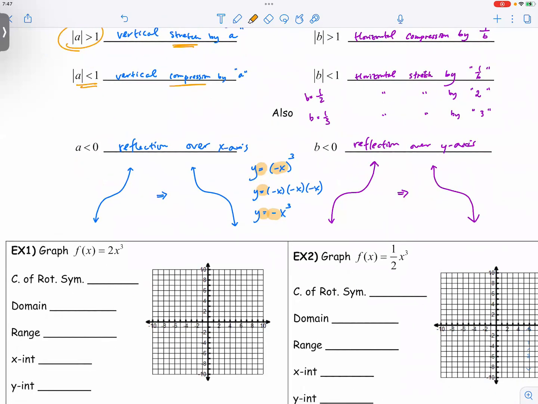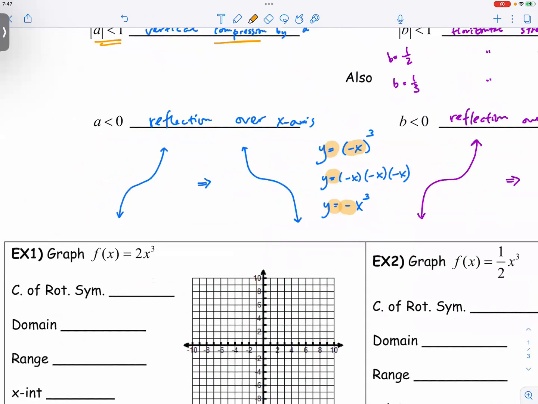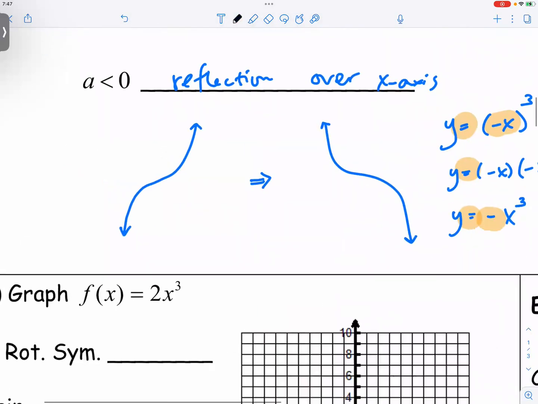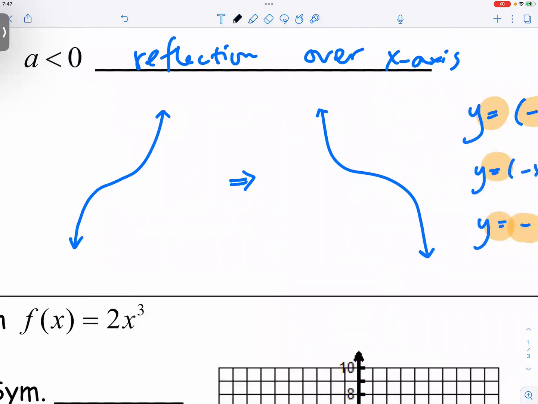And also, here's another thing I want you to annotate. Now, this is going to be more frequently asked as you go to pre-cal next year. For a graph that looks like this, we call this an increasing function. Can you see from left to right, the graph is going up?